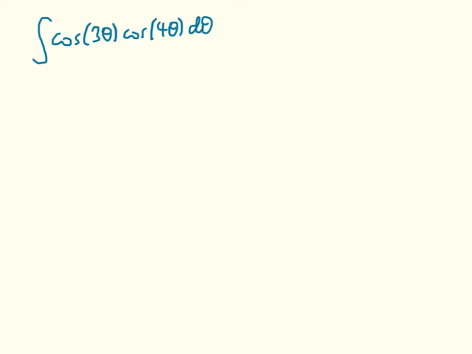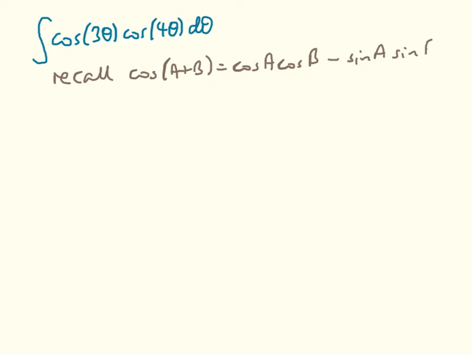So this integral here, what we have is the cosine of 3 theta times the cosine of 4 theta. The formula that involves cosines multiplied by cosines with slightly different arguments is the following. Let's recall that the cosine of a plus b is the cosine of a times the cosine of b minus the sine of a times the sine of b.